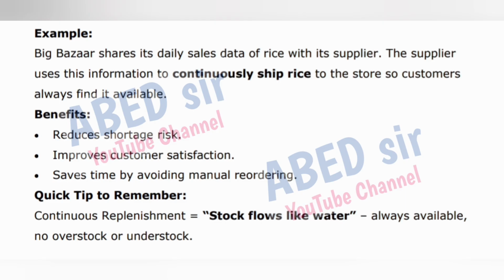Benefits: reduces shortage risk. Improves customer satisfaction. Saves time by avoiding manual reordering. Quick tip to remember: continuous replenishment is equal to stock flows like water, always available, no overstock or understock.